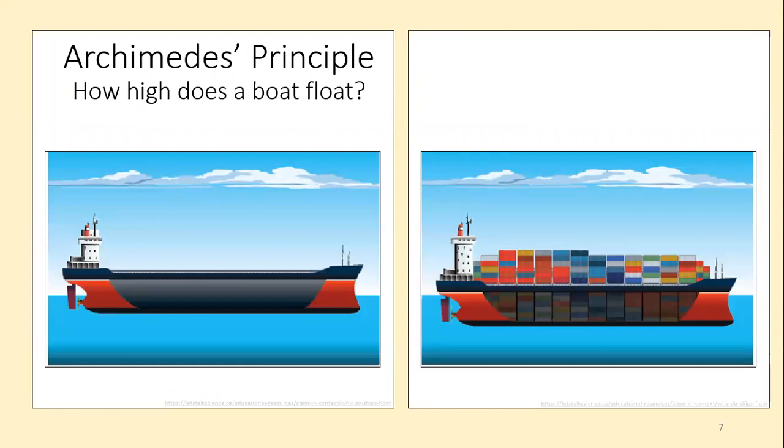How high or low does a boat float? Well, it depends on the density of the boat and the density of the seawater. Recall that density is the amount of mass per unit volume, and it's reported in grams per cubic centimeter or kilograms per cubic meter.